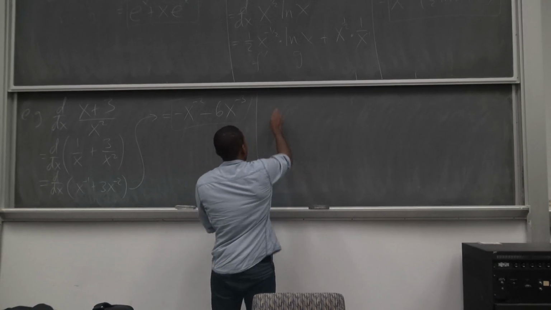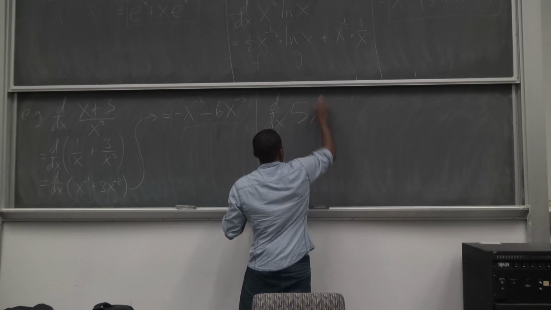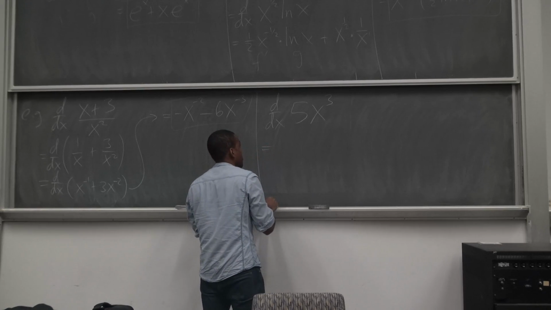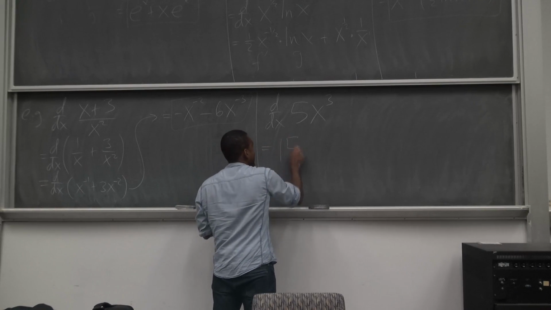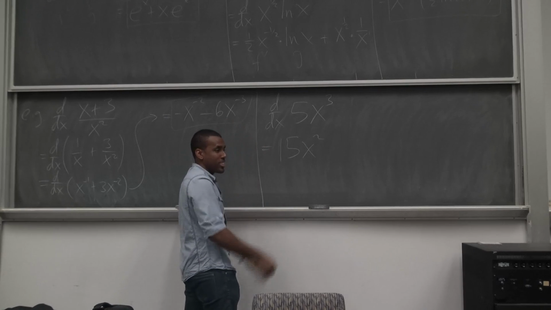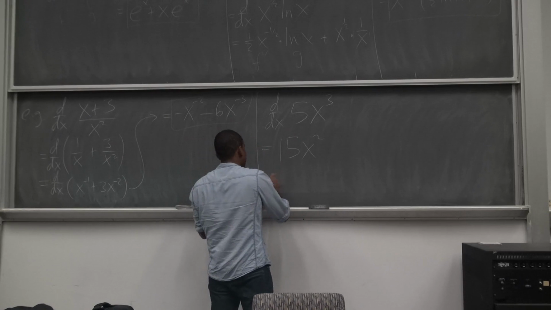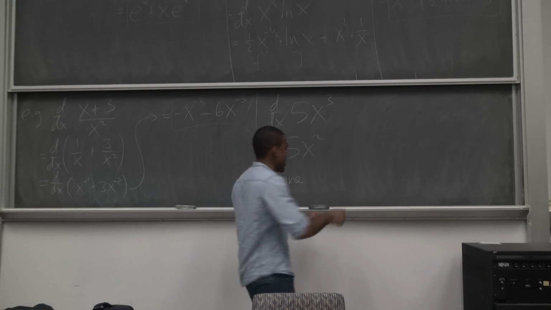Did I have another example? What about this one? It's 5 times 3x. Would it be 15x squared? 15x squared. I didn't catch them. Okay. If it's a constant, don't waste your time using the power rule because you can always factor constants out. Thought I'd catch it. I was hoping to throw the chalk at somebody.